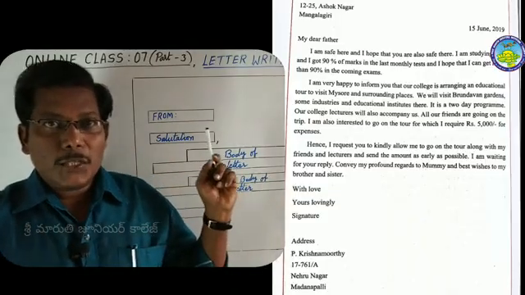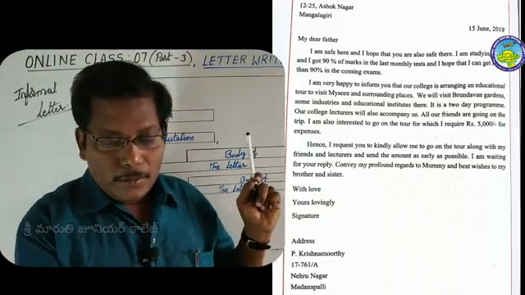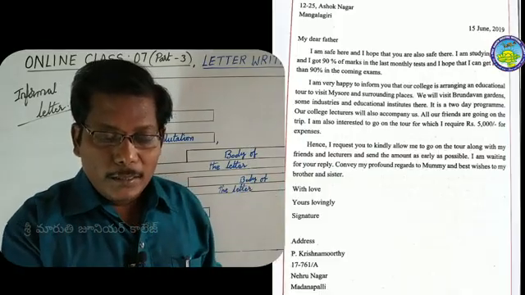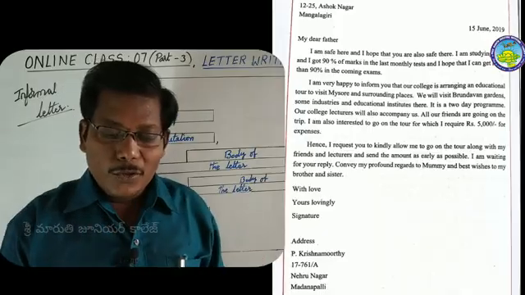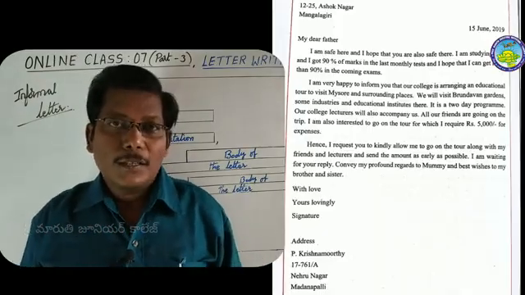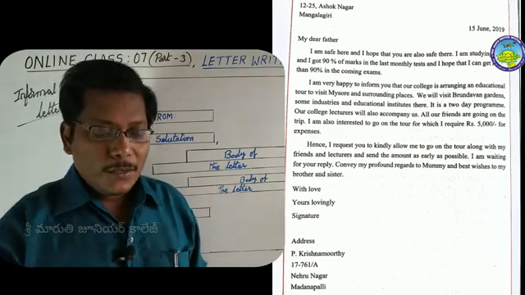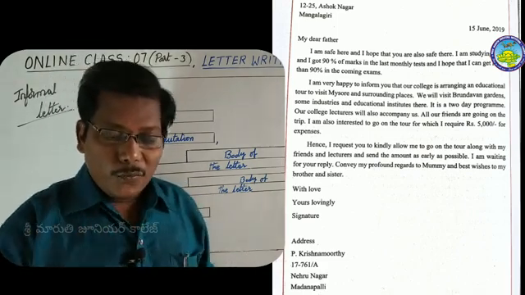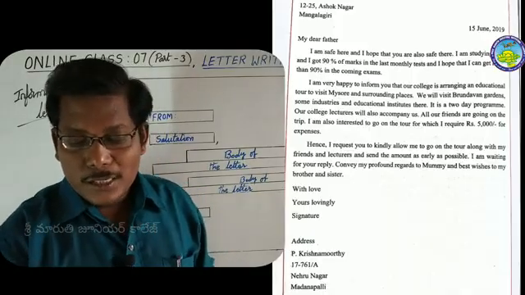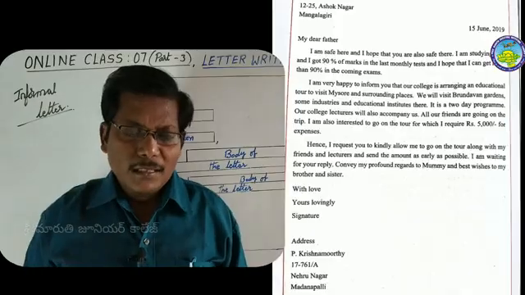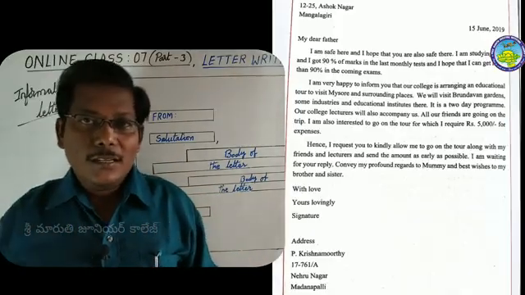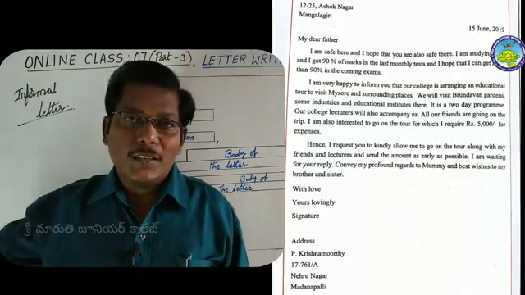You see in the picture, informal letters. Write a letter to your father requesting him to allow you to go on an educational tour with your friends. Okay, you understand the meaning of the question. Just imagine you are studying in the town, staying in a hostel, and your family is in some village.